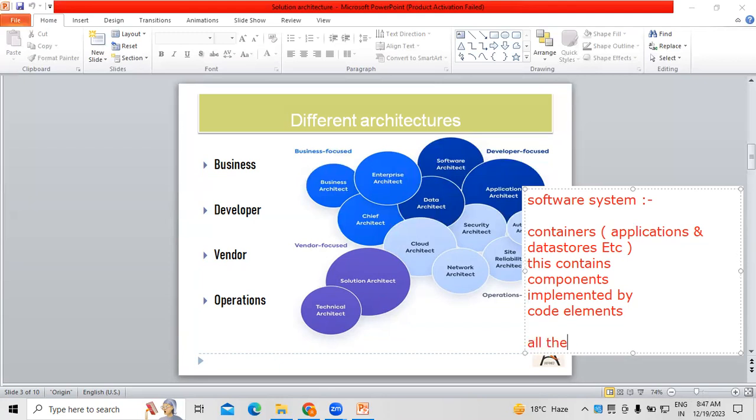All these will be performed by people. Understood? Clear, right? So this is where generally a software system will be majorly used.